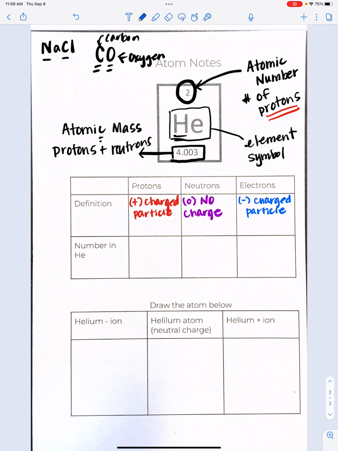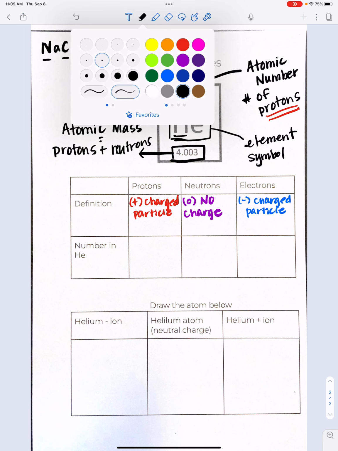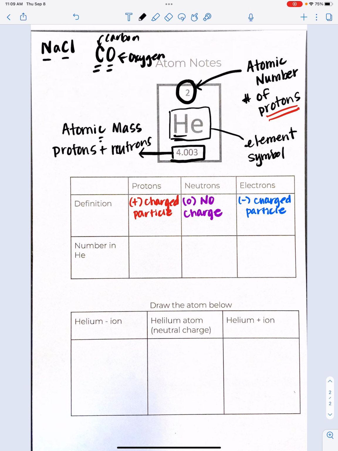And then it's important to keep in mind where these are all located. The protons and neutrons are both located in the nucleus. And the electrons are floating around in an electron shell.